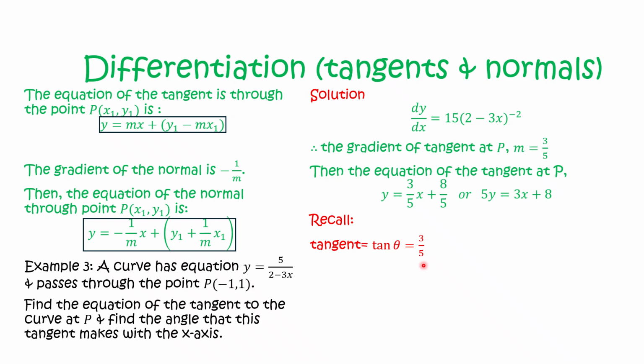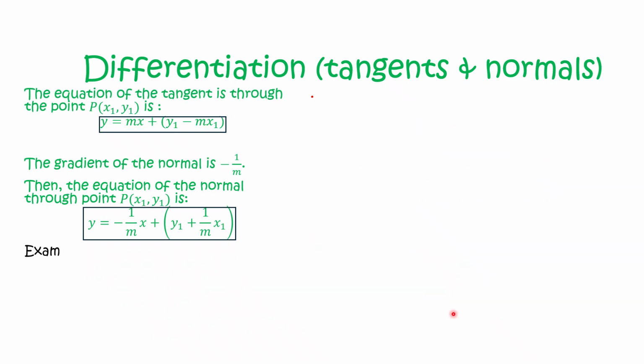So if tan theta is equal to 3/5, we introduce the arctan on both sides of the equation so that the arctan and the tan cancel out. We have theta on the left-hand side, then arctan of 3/5 on the right-hand side. And this would then simplify to 31 degrees. That's how we solve question 3.